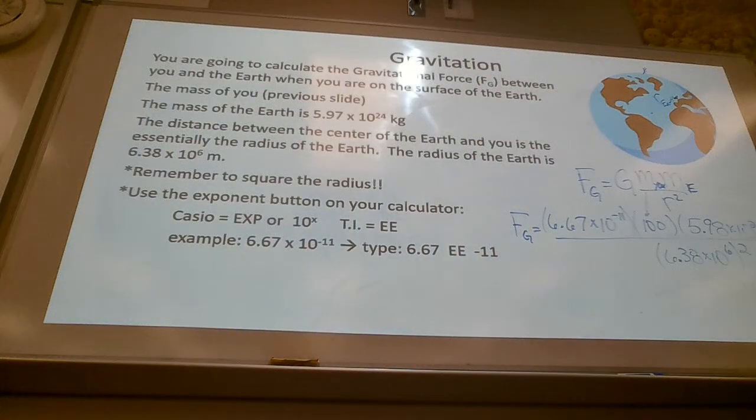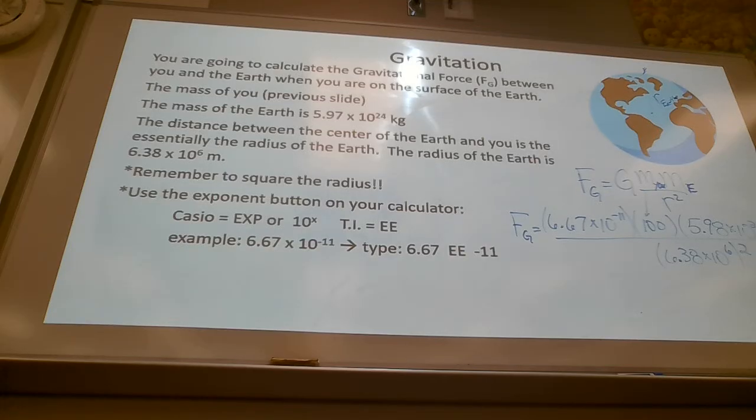If you have this type of calculator, a little rough, you're going to have to use parentheses like crazy.